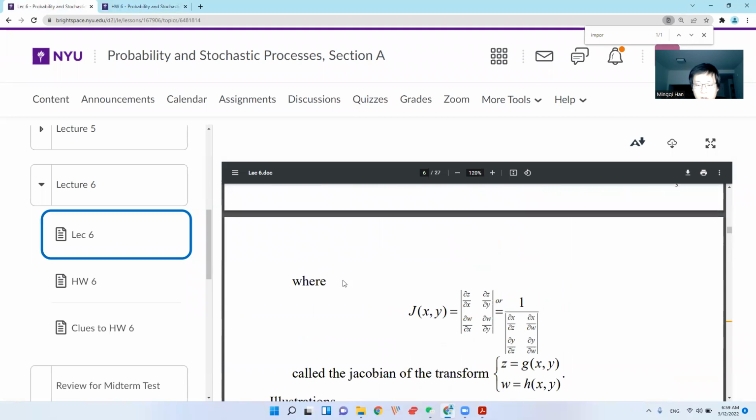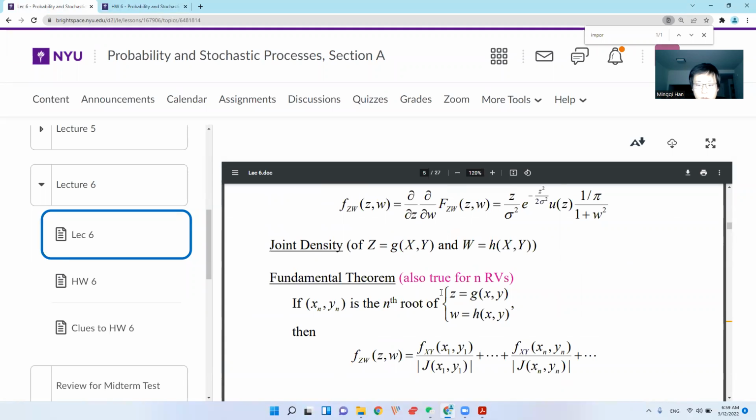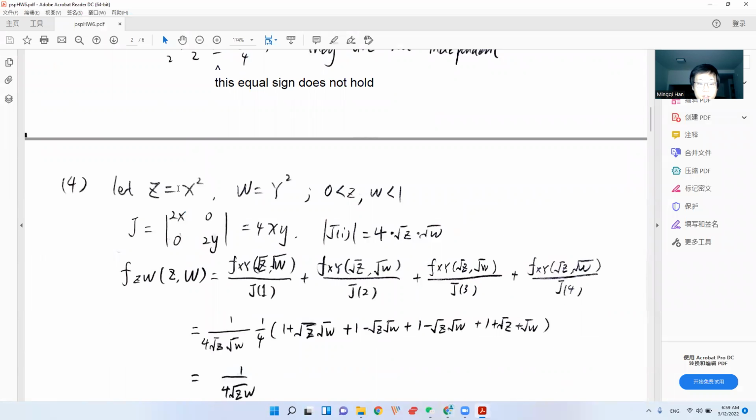We have z equal to a function of x, y and w equal to a function of x, y. In this case, z is equal to x squared and w is equal to y squared, and we calculate J. Because they are squared, we know that z and w are both smaller than 1 and larger than 0, because x and y are between -1 and 1, and then they are squared, so they have this range.